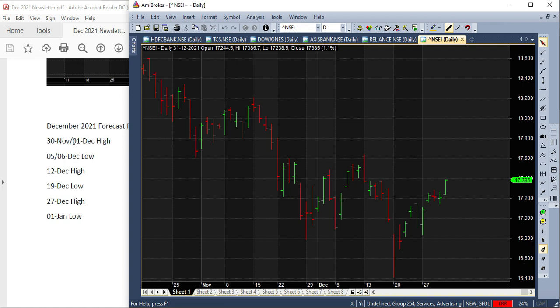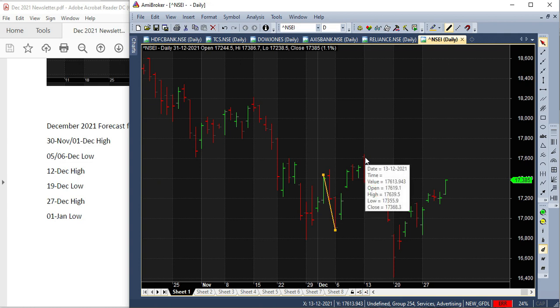1st of December is forecasted as high, and we have a high here on 2nd of December, and then 5th or 6th will be the low. Then we have a low here on 6th. Then we forecasted 12th of December will be the high.